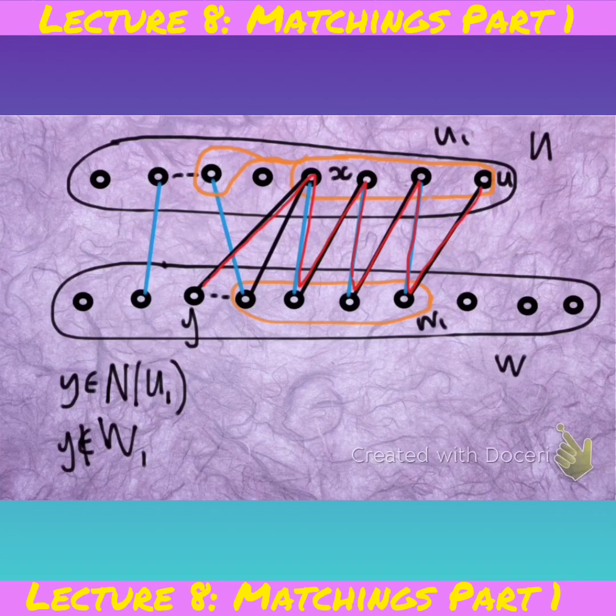So there exists an M alternating path between U and Y. And the problem with that is then that the vertex Y will be in the set S, and that will imply that Y will be within W1, which is a contradiction, because here we said it isn't.